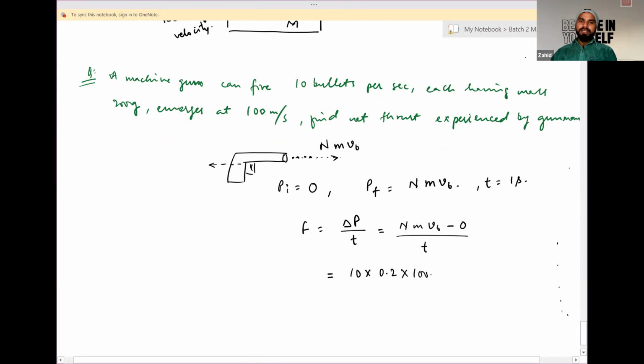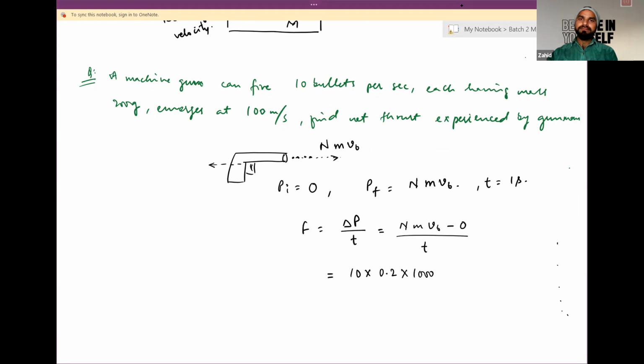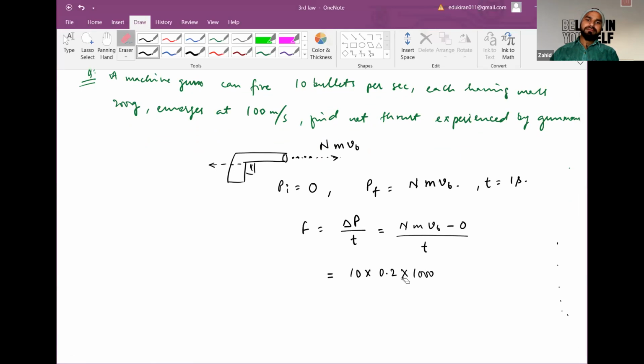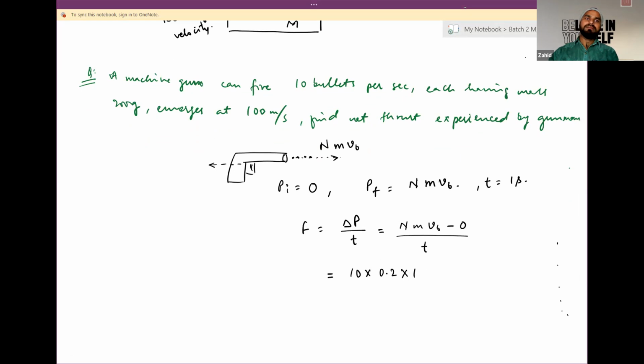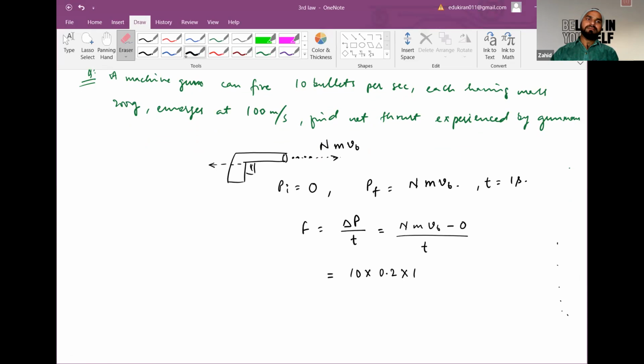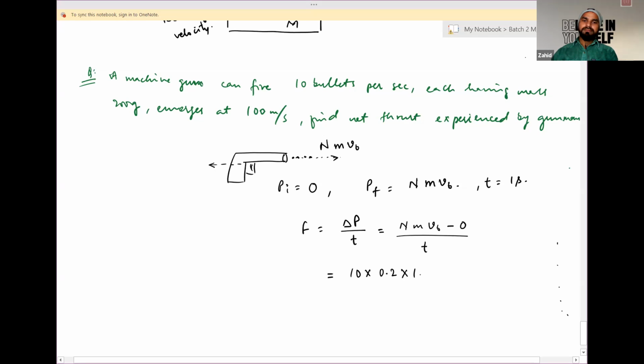Emerges at 100 meter per second, divided by time taken, which is 1. So on simplifying, you will get 200 Newton. Safan, is it clear? Yes, sir. Okay.